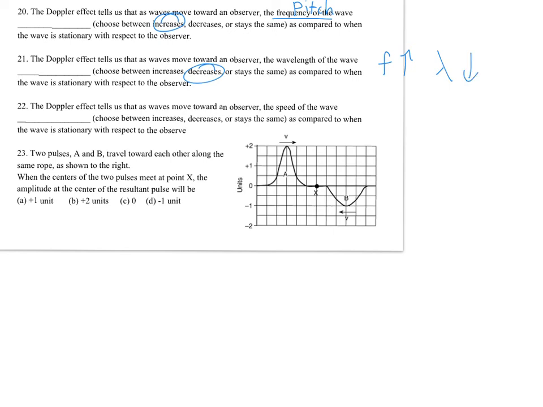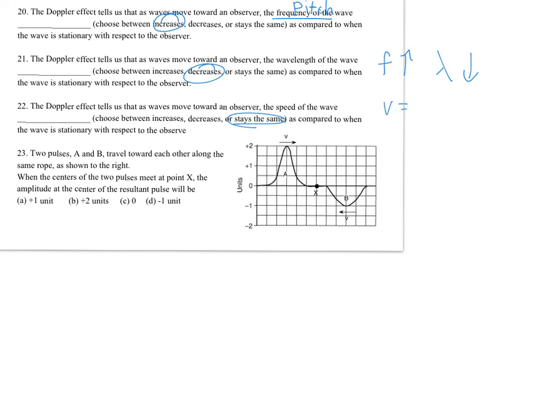The Doppler effect tells us as the waves move toward an observer, the speed of the wave, as compared to when this wave is stationary with respect to the observer, is actually going to stay the same. Because if you have frequency increasing and wavelength decreasing, these two changes acting simultaneously will keep the speed the same.